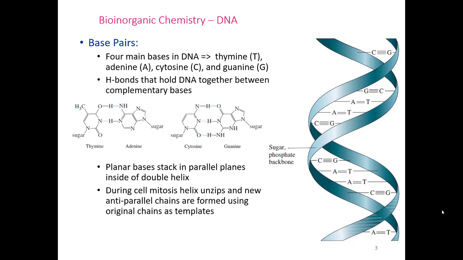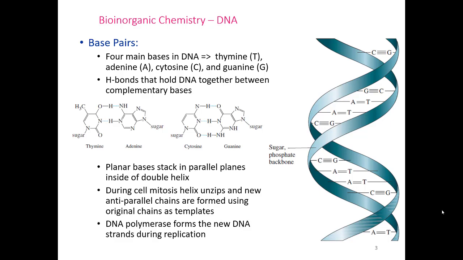During cell mitosis, when a cell replicates and splits into two cells, the DNA helix unzips and each single strand of DNA is used as a template to generate a new complementary strand of DNA. The two identical DNA double helices then separate into two new cells, where one of the strands in each of the two new cells came from the original cell that split.